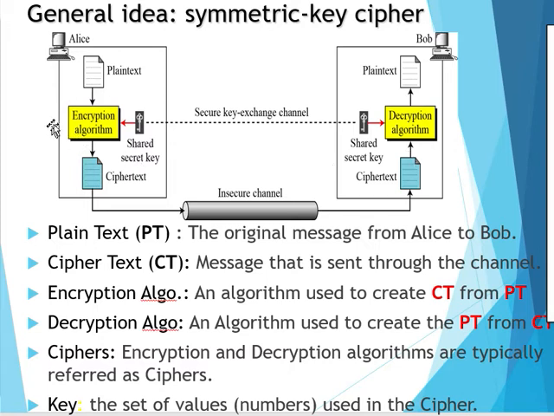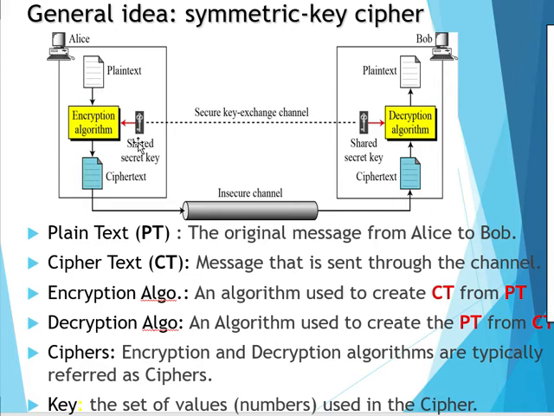The encryption algorithm is used to convert the original message into ciphertext, whereas on the other hand, Bob has a decryption algorithm which uses the similar key and converts the ciphertext again into its original form, which is plaintext.